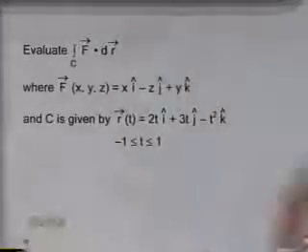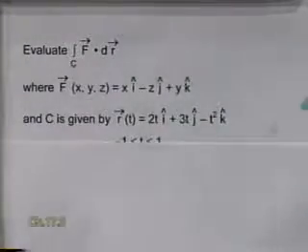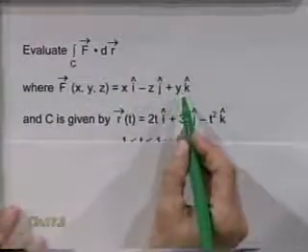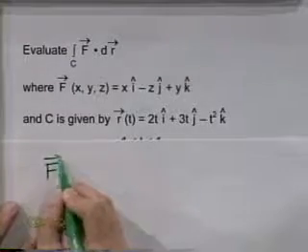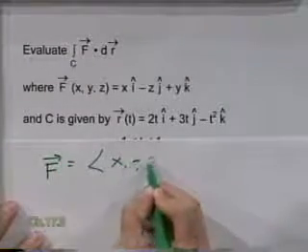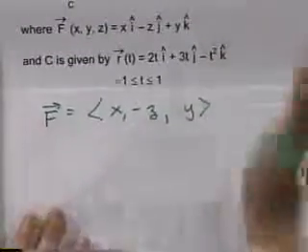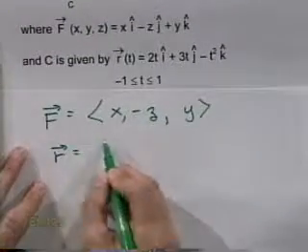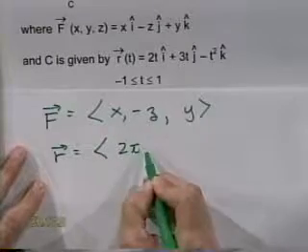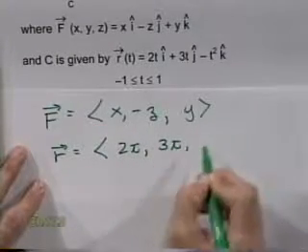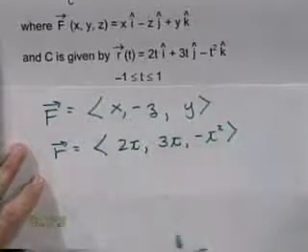As our last example, let's do this one quite quickly. We have f of x, y, z equal to the vector x, minus z, plus y. So f has components x, minus z, and y. Vector r is given by 2t, comma, 3t, comma, minus t squared.